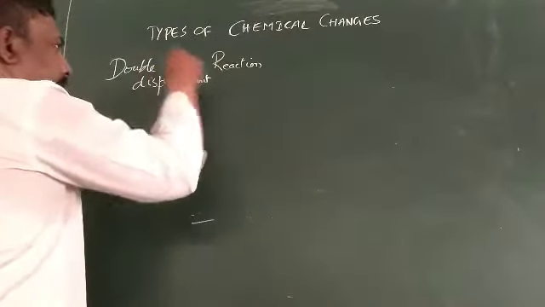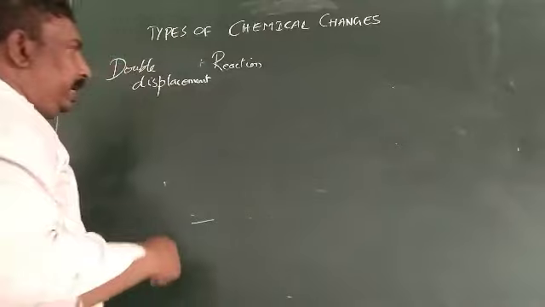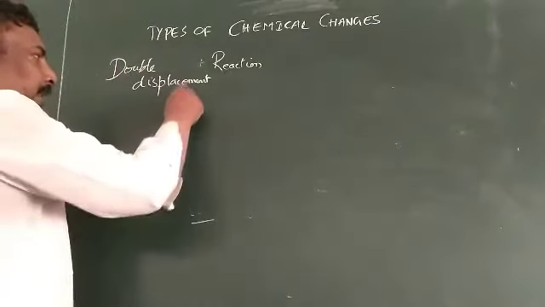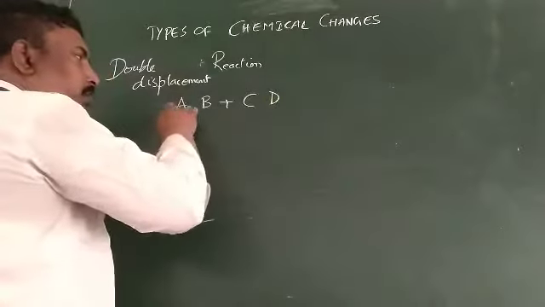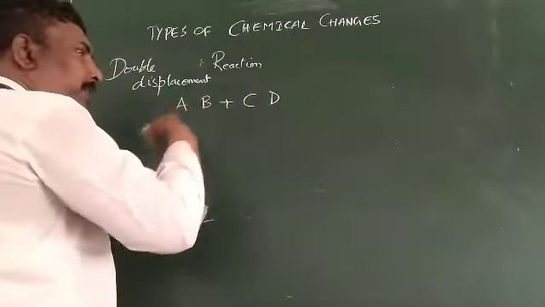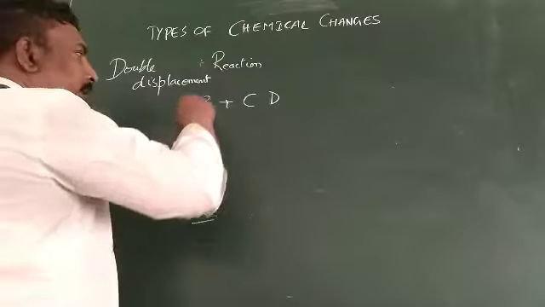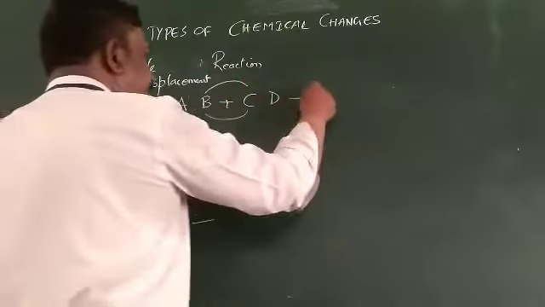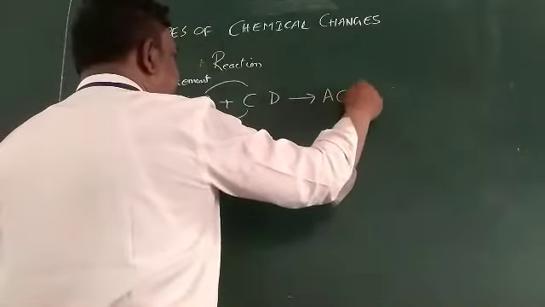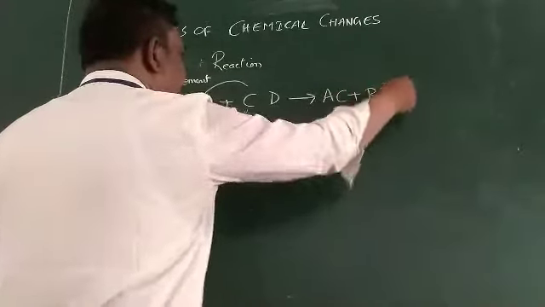So in a double displacement reaction, what happens? One compound and another compound, mostly ionic compounds, and their ions will be exchanged. The exchange of ions occurs during the double displacement reactions.